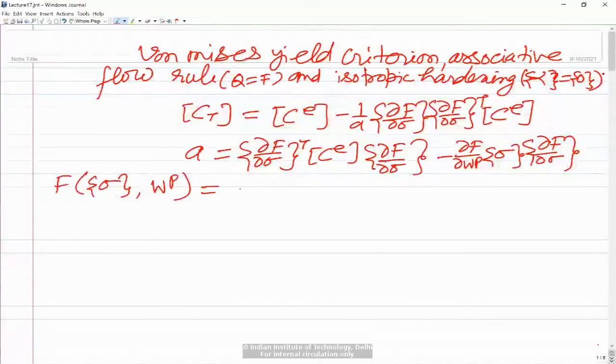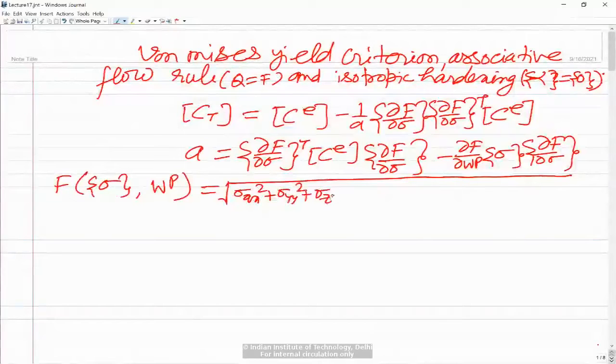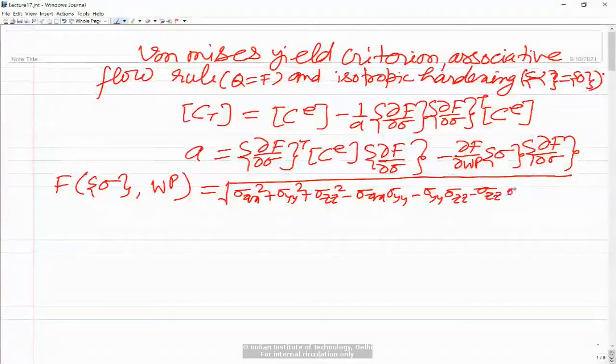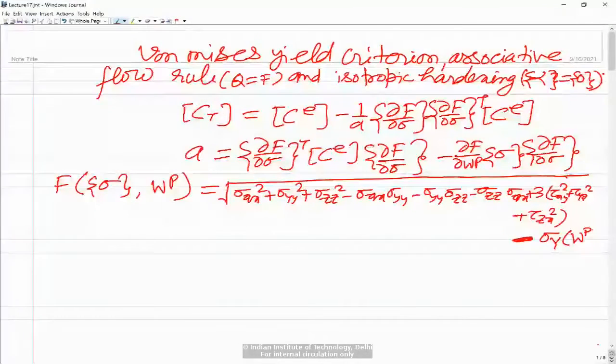We have seen that this is sigma xx square plus sigma yy square plus sigma zz square minus sigma xx into sigma yy minus sigma yy into sigma zz minus sigma zz into sigma xx, plus 3 times tau xy square plus tau yz square plus tau zx square, minus the yield stress, and the yield stress is a function of plastic work, or you can say the equivalent plastic strain.